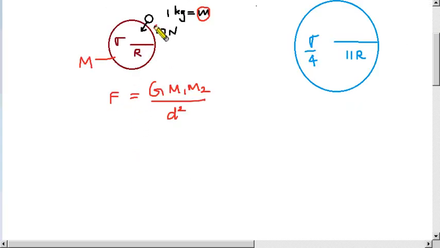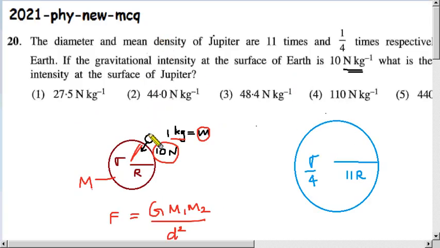F is given as 10, so 10 equals G times M1, which is the mass of the Earth, times M2, this 1 kilogram, times 1 divided by d squared. Here d is the radius, because the object is kept very close to the surface, then the distance is r.